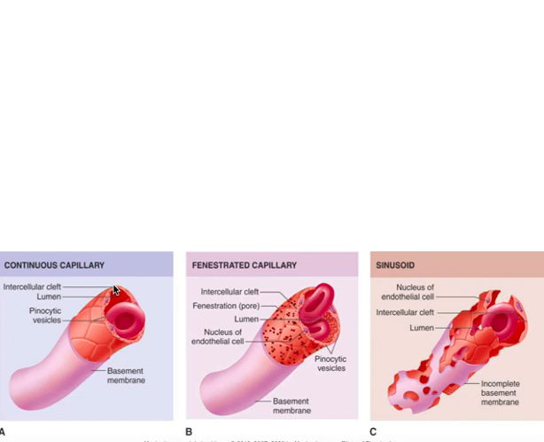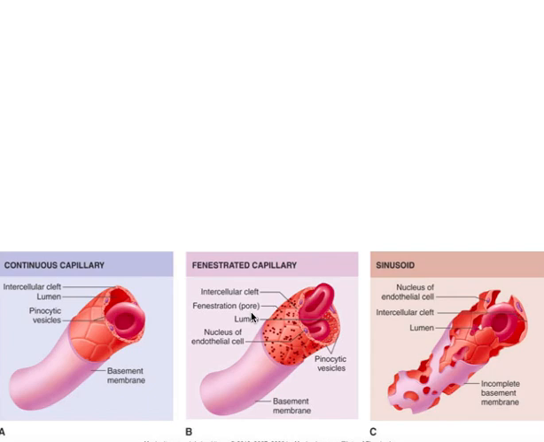The next type of capillary is called a fenestrated capillary. The fenestrated capillary is a structure that is riddled with fenestrations. As you can see, fenestrations are pores. These are oval pores. Usually these are covered by a membrane. The fenestrations are more permeable to fluids and small solutes than the intercellular clefts of the continuous capillaries.